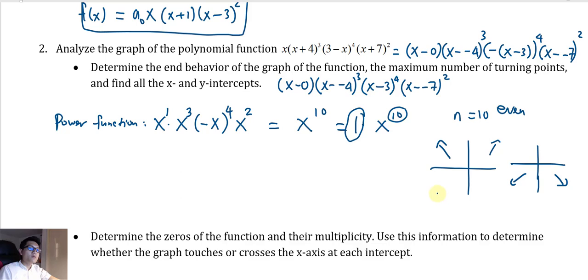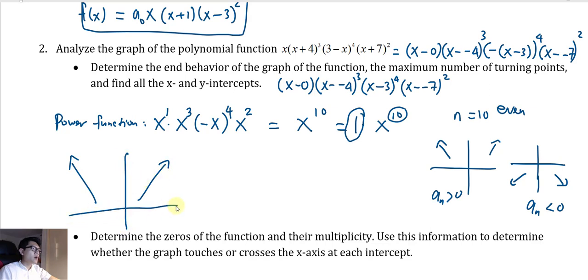This is for the case when an is bigger than 0, we go up on both end behaviors. Or if an is less than 0, then we go down on both ends. In this case, the number 1 is positive, bigger than 0, so we know that the end behavior is going up on the two sides.